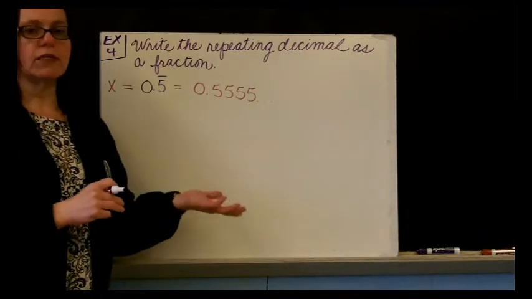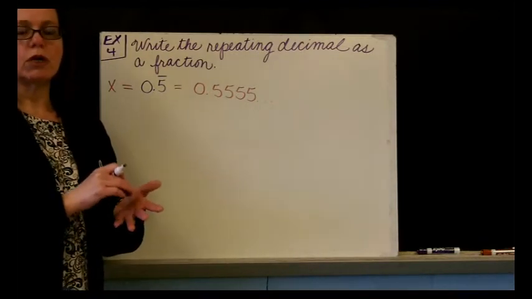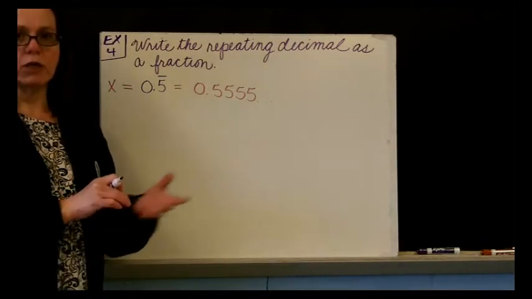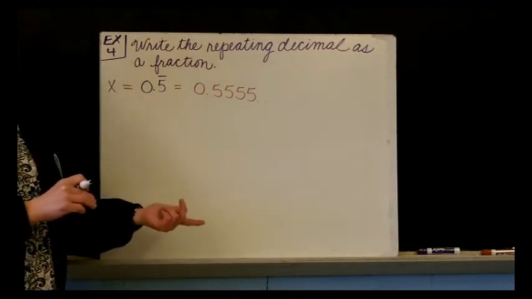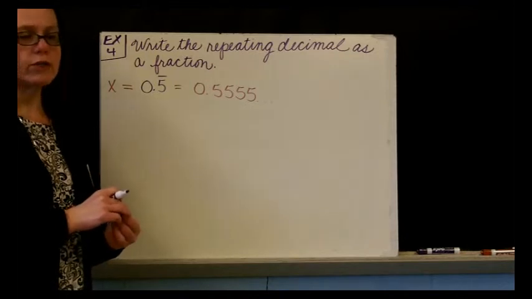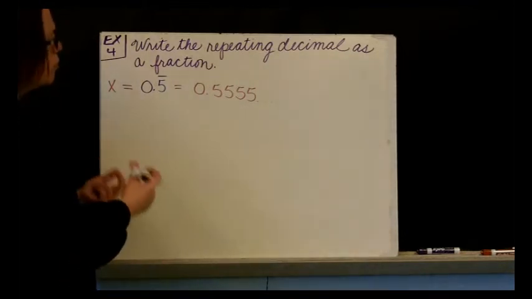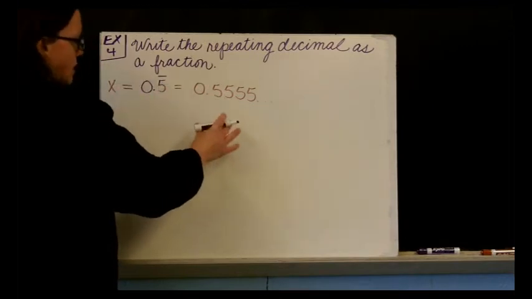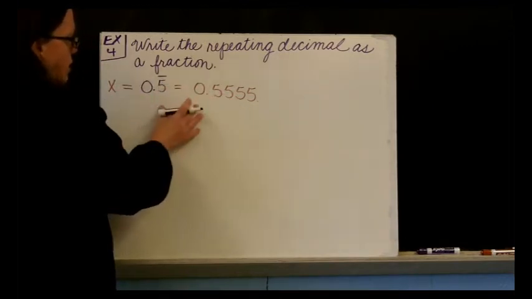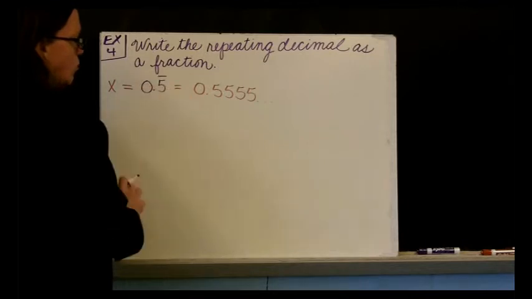Anytime you have a repeating decimal and you're going to convert it to a fraction, the decimal that you're given is called x. And so our goal is to come up with a problem in which we can easily move this into a fraction.